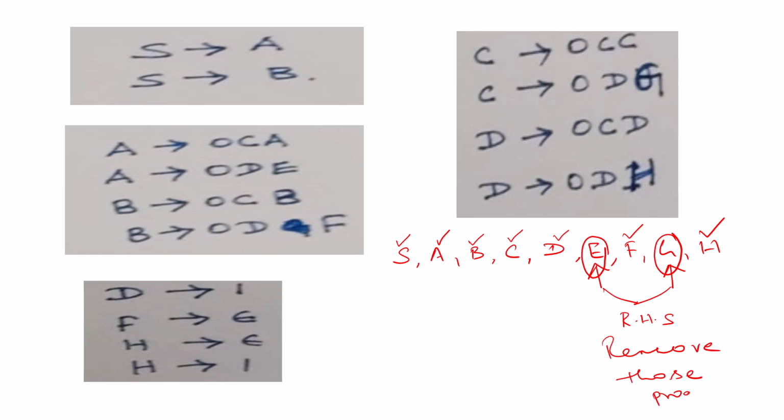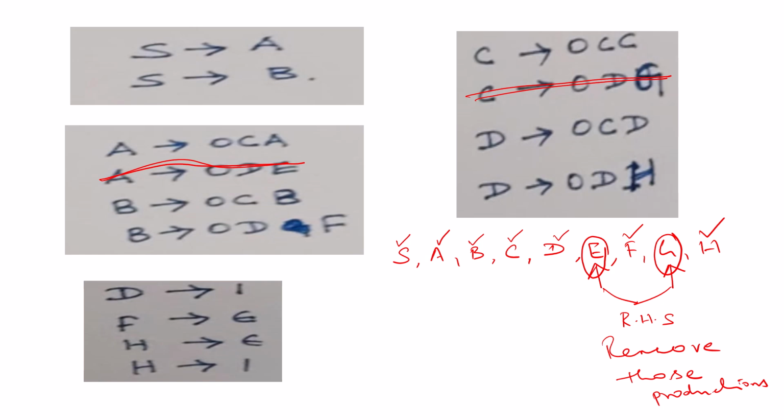So this is one production we want to eliminate, and the other production where the G is appearing. So these are the two productions we want to eliminate because this E and the G are not having productions. So we want to now take the remaining productions.